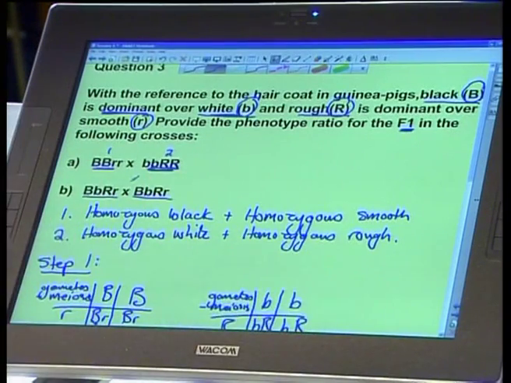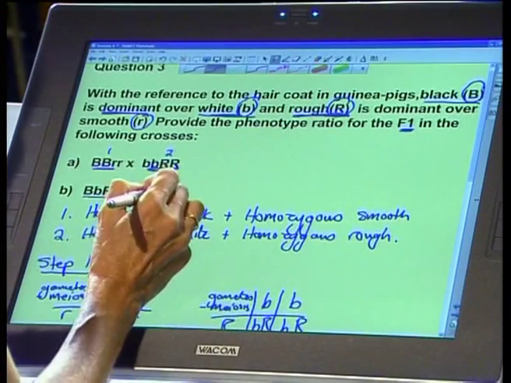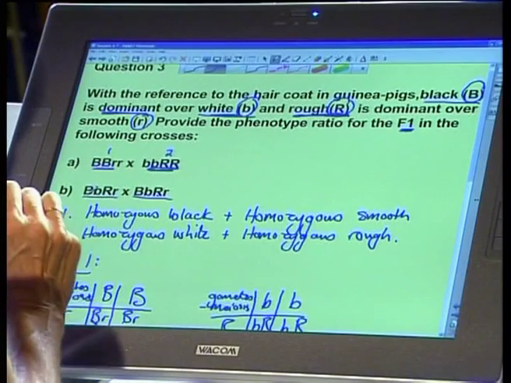So when we look at these little guinea pigs, they are both going to be black, and they are both going to have rough hair. Because look here, your capital R is for rough, and it's the dominant gene. And color, black is dominant.